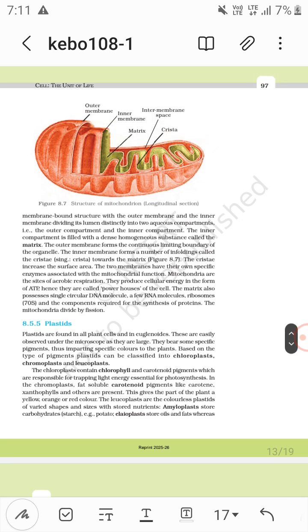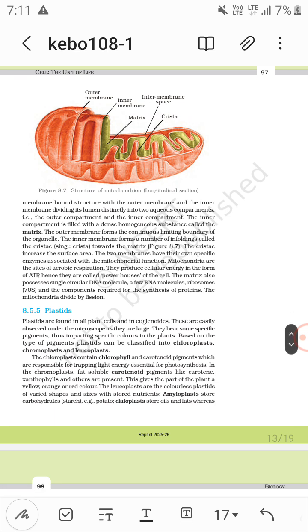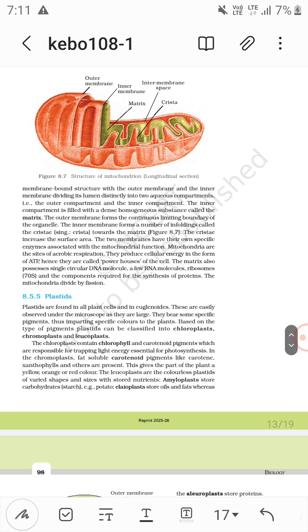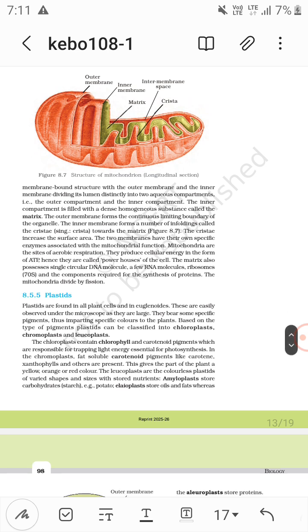Now the mitochondria. The matrix of the mitochondria has infoldings, that is cristae, and respiratory chain reactions occur there. Cristae increase the surface area. The outer membrane also has specific enzymes.